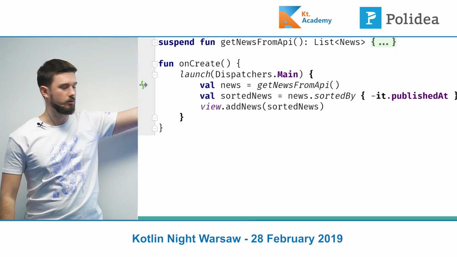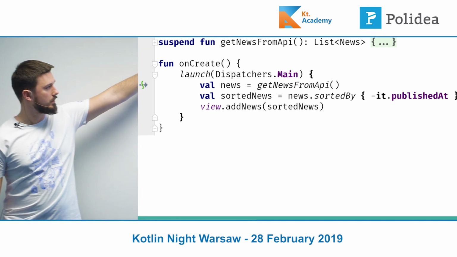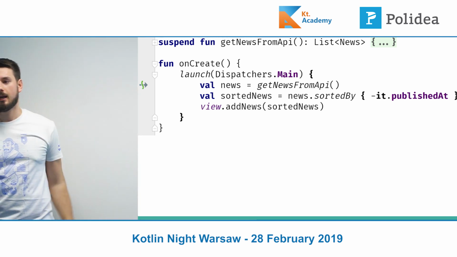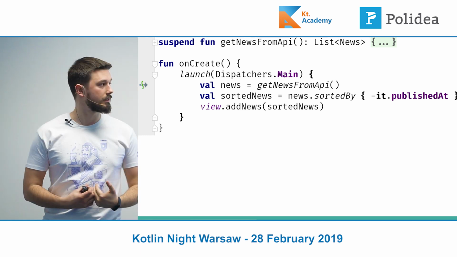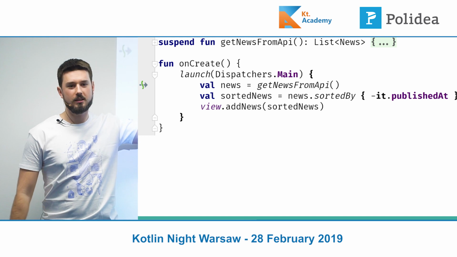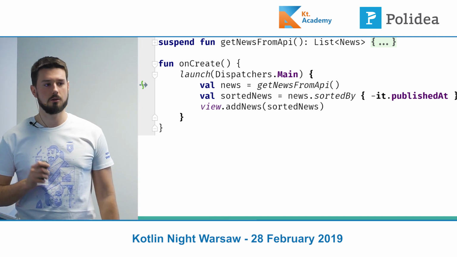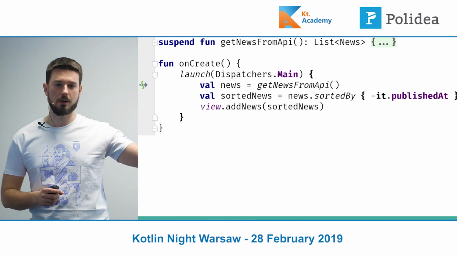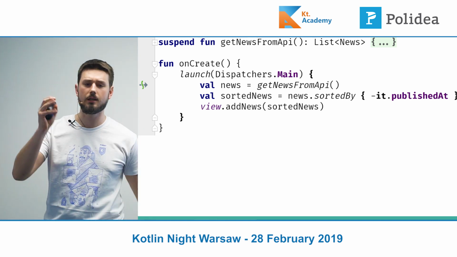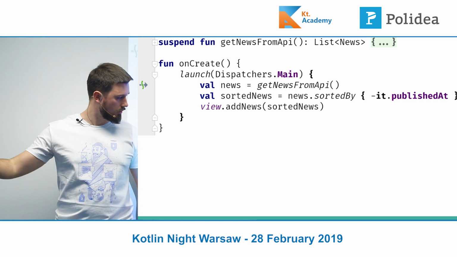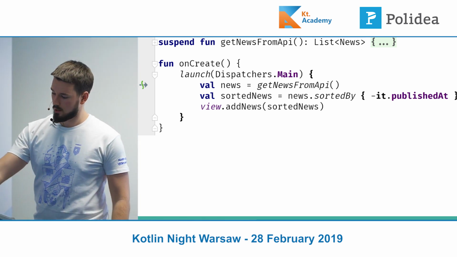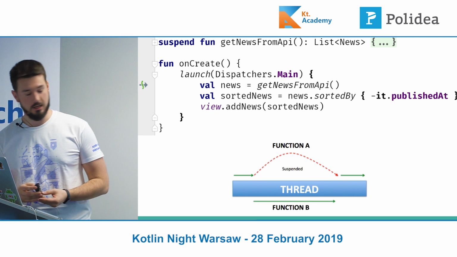It's a simultaneous solution. But we wrap it in this coroutine. And what this coroutine allows is that this function can be a suspending function, meaning that it can stop execution, like we send an API request, we stop execution, we release the thread. We don't need to hold the UI thread for this time.